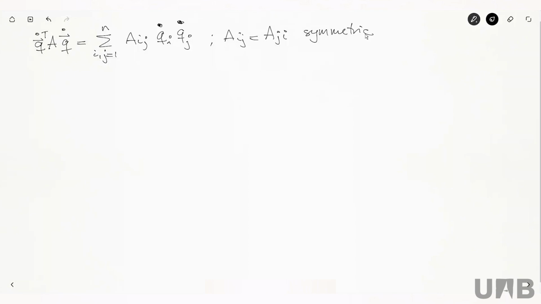Does anybody know why these coefficients a_ij necessarily have to be symmetric in this sum? A matrix is a quadratic form, so we can always symmetrize a quadratic form. Yeah.